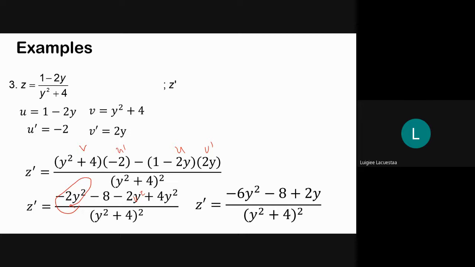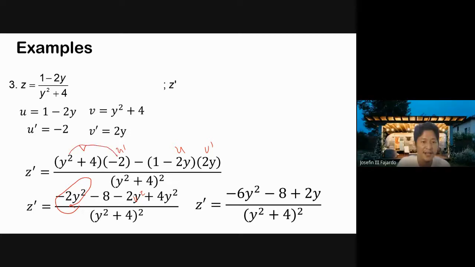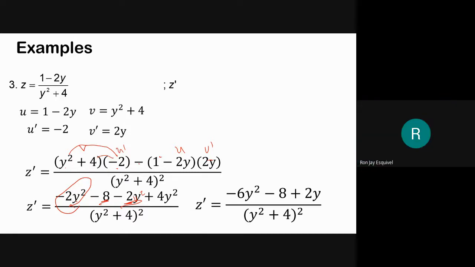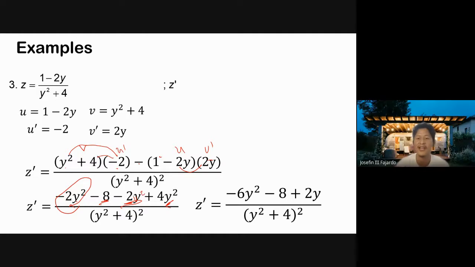Yes, sir. Multiply lang. Negative 2 times y squared, negative 2y. Negative 2 times 4, then negative 8. Yun na lang yun. 1 times 2y times negative 2y. Ay, negative 2y pala, sorry. Gets na po, sir. Okay, tapos combine like terms.